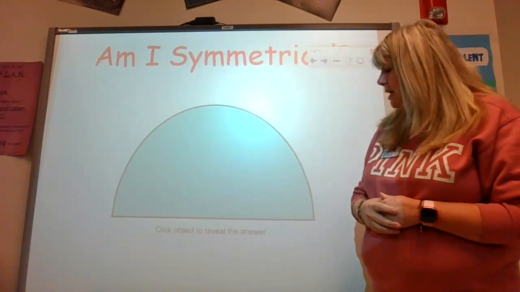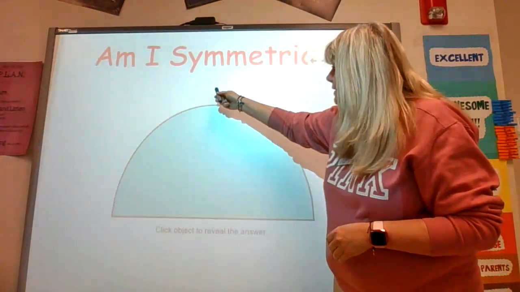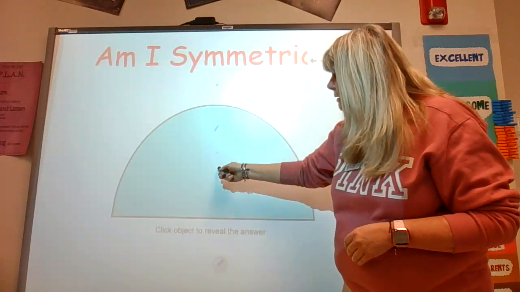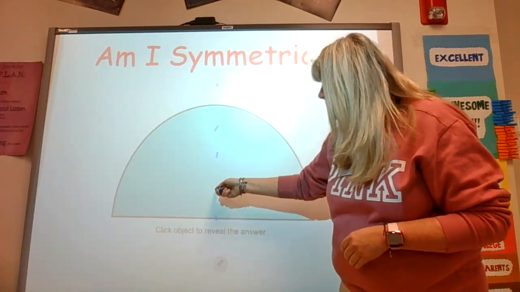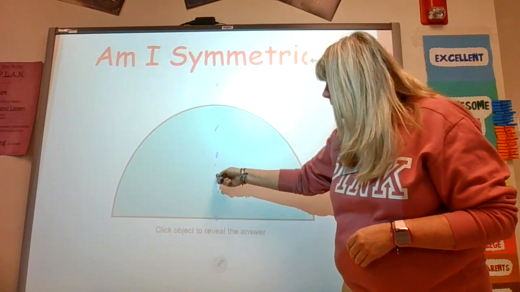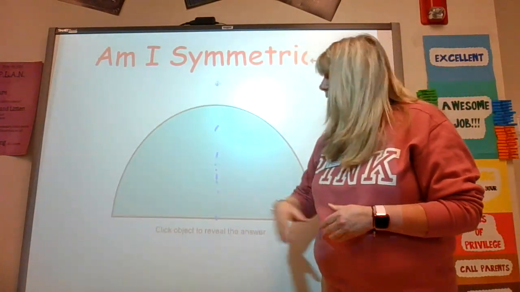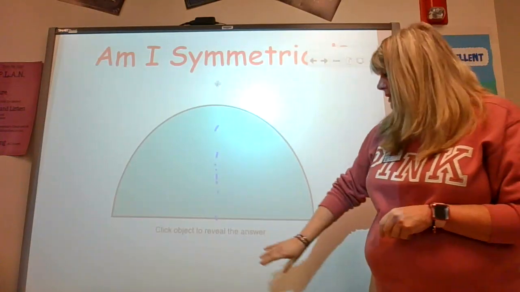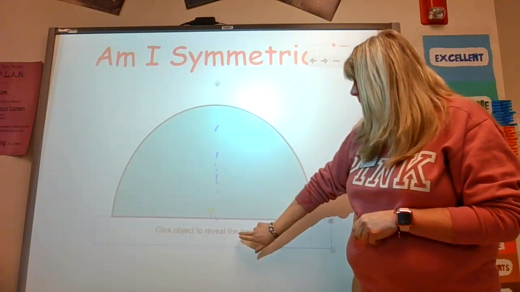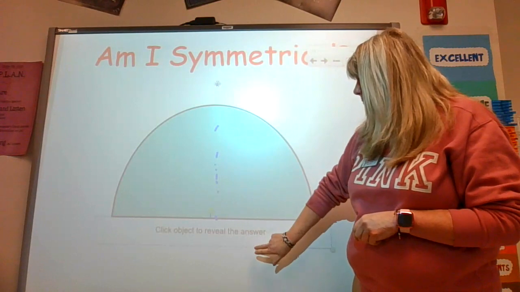No, it wouldn't. But what about if I drew a line right through the middle and I did it vertical and I folded this side to that side? Well, let's see if it'll show me. It may not.